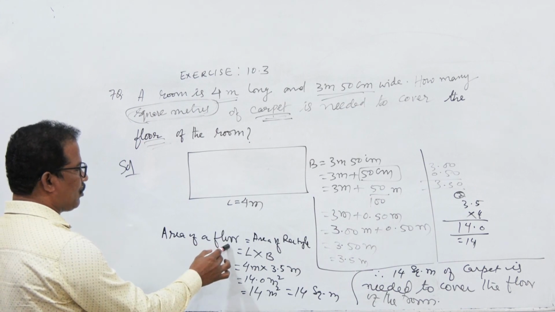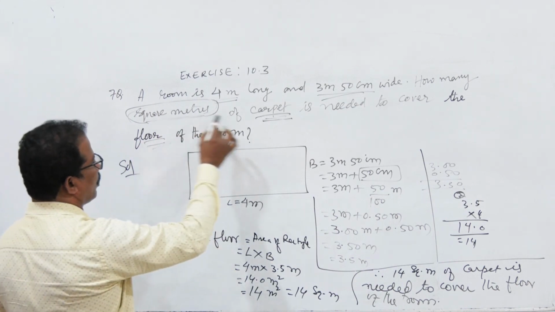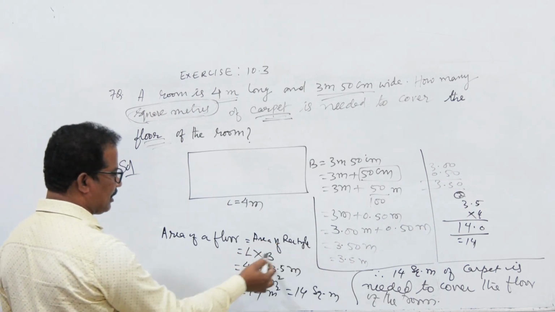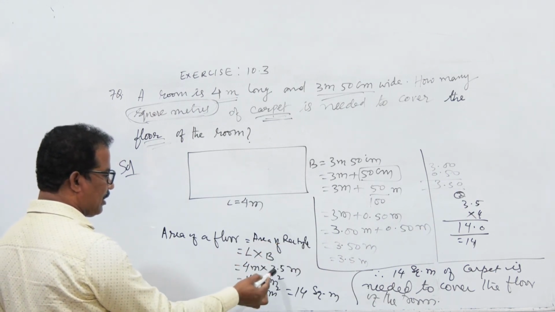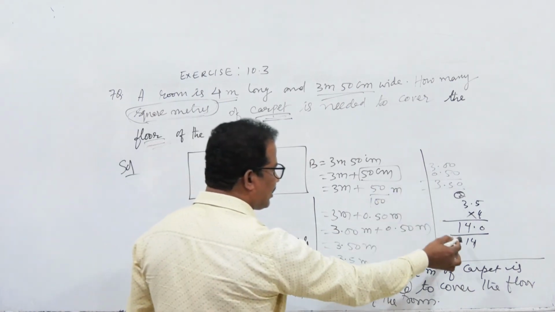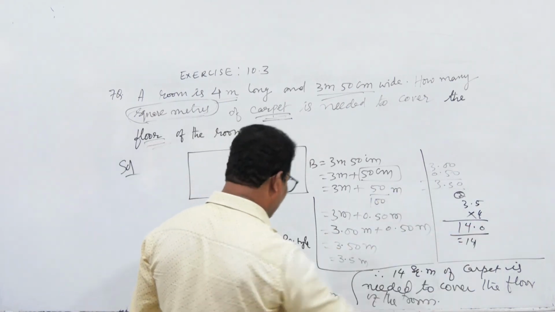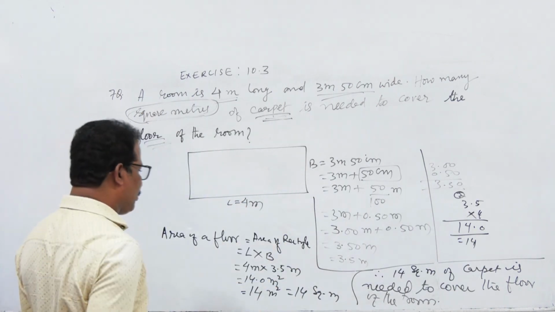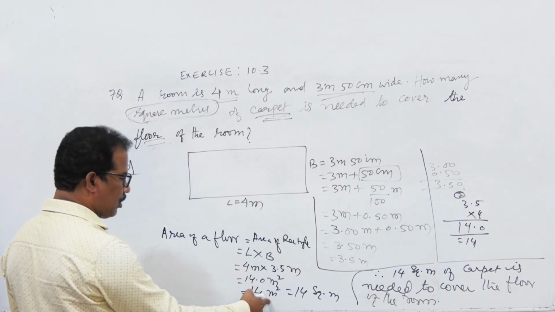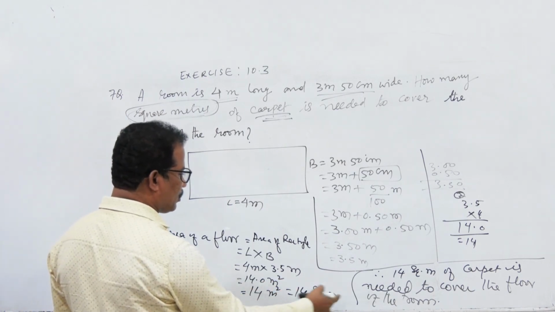Now the area of the floor we need to find, to find the square meters of carpet needed. So for that, area of the rectangle is length into breadth. Length is 4 meter, breadth is 3.5 meter. So 3.5 into 4 multiplied like this, we got 14.0. That means simply 14 only. After the decimal only 0 is there. So 14.0 square meters is equal to 14 square meters.